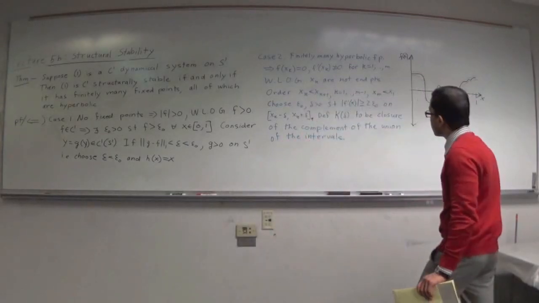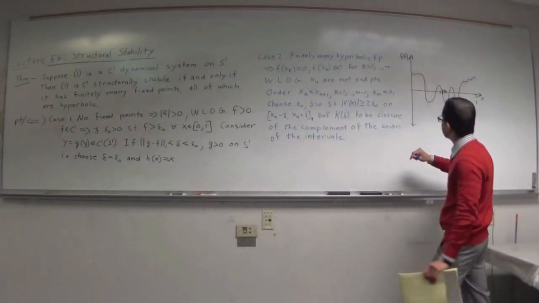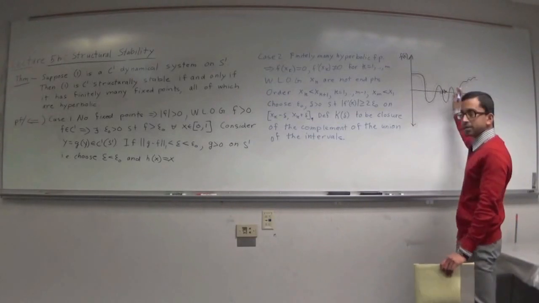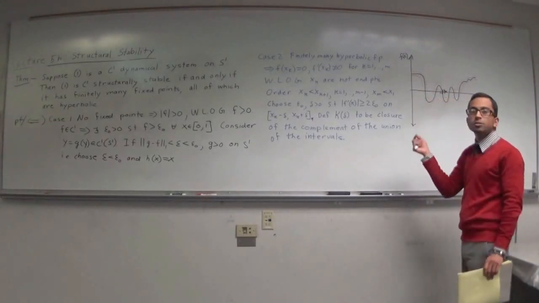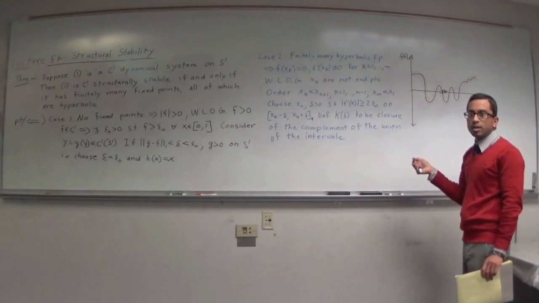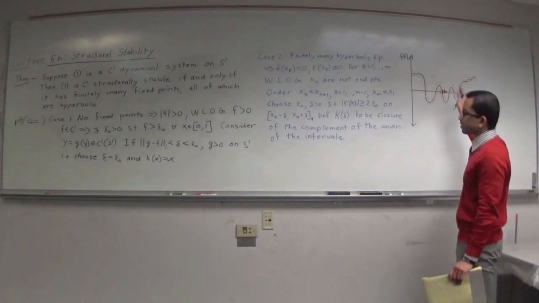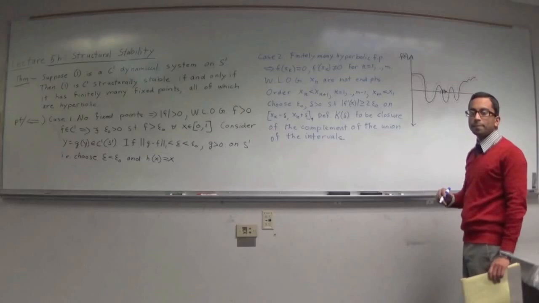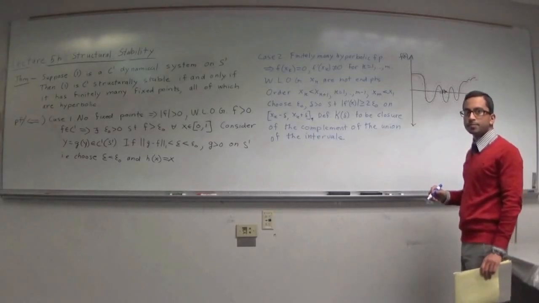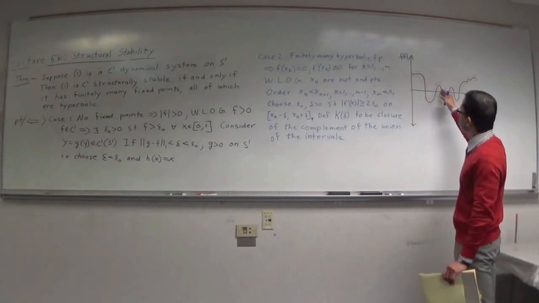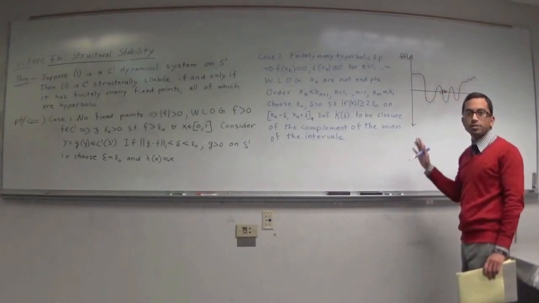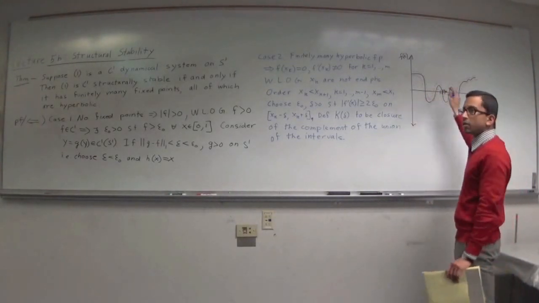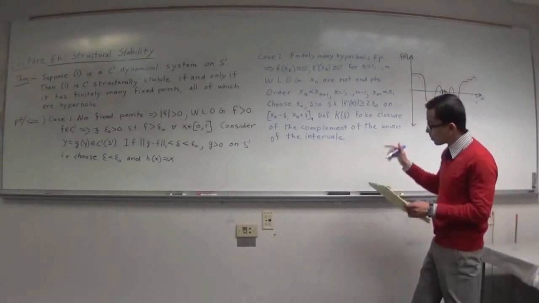So basically, I want kappa of delta to be all the points that aren't in these intervals, except that I want to include the endpoints of those intervals. So that's how I want to define kappa.